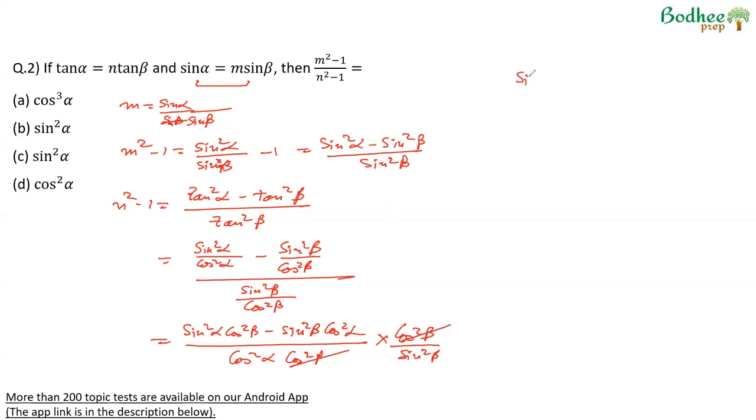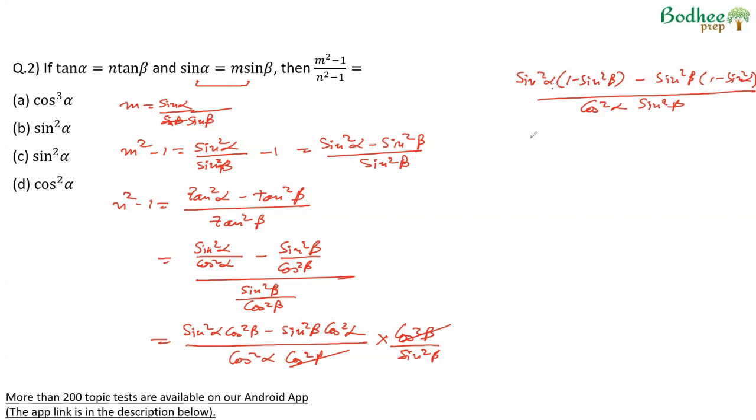So sin square alpha into 1 minus sin square beta, because cos square beta is 1 minus sin square beta, minus sin square beta into 1 minus sin square alpha, divided by cos square alpha sin square beta.